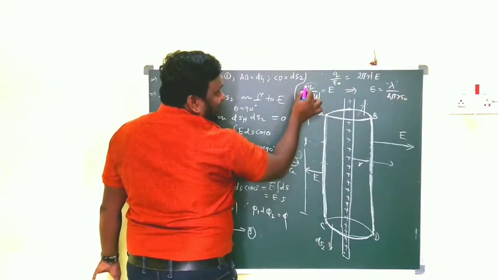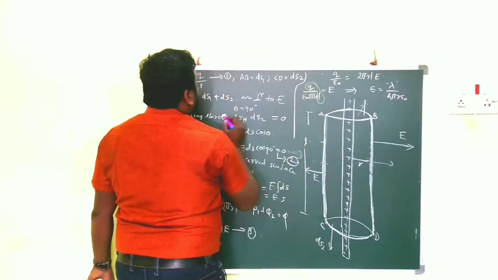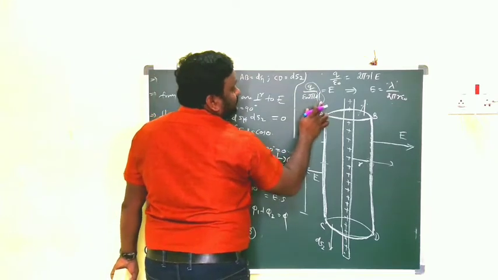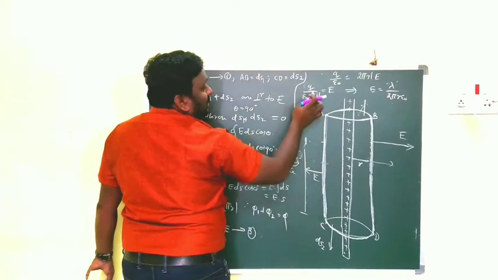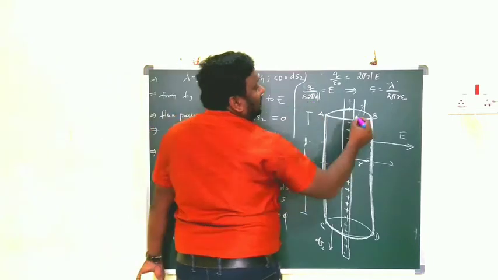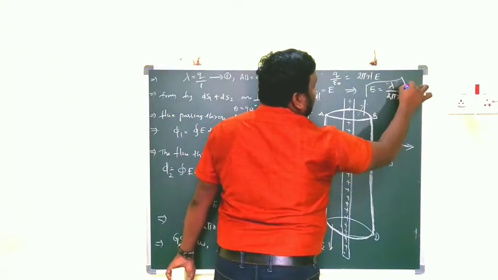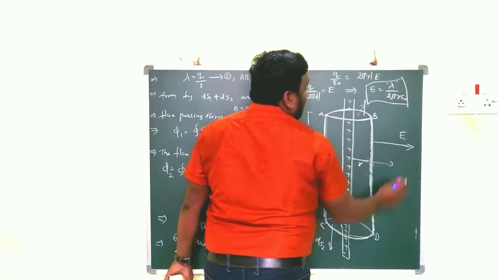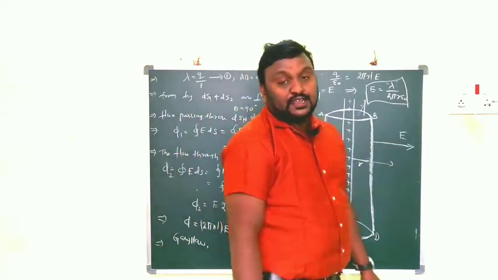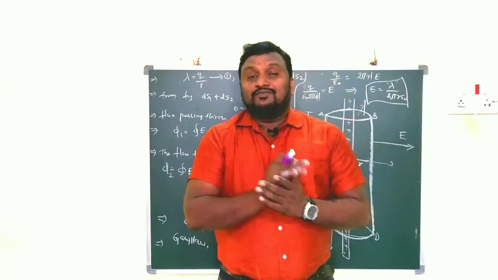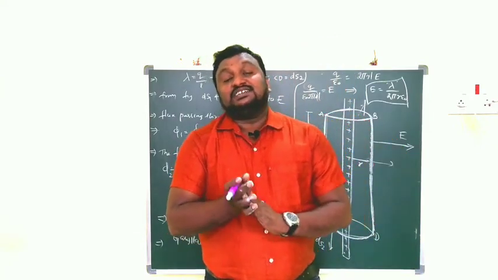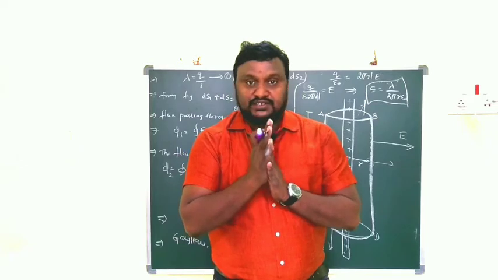Q by L is lambda. So then what do you get? Lambda by 2 pi epsilon naught R. This is the expression for the electric field intensity at a point P at a distance R from the infinite long straight wire that has some charge.